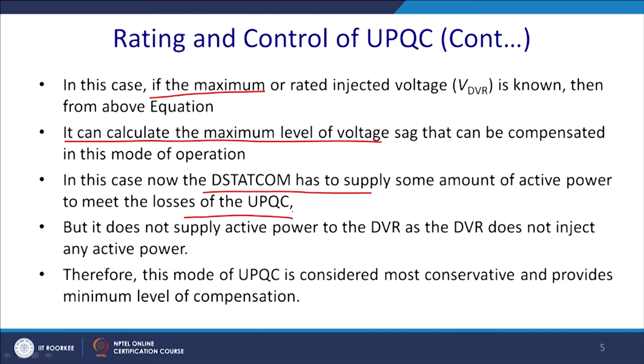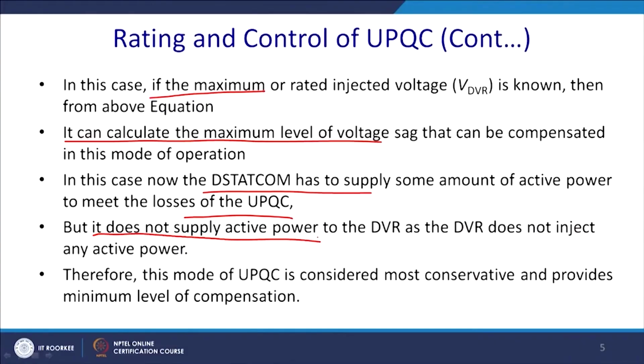Since there is no one else to supply real power, it will come from the mains only. For this reason you are required to maintain the DC bus voltage. But it does not supply active power to the DVR, as the DVR does not inject any active power.